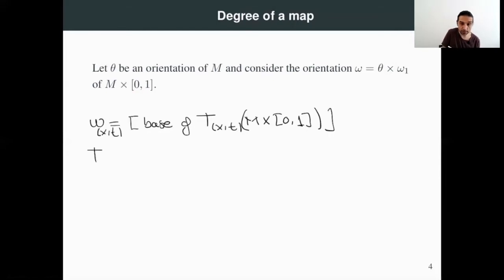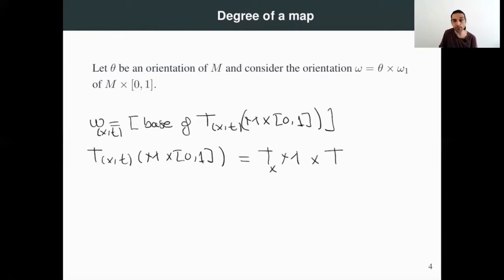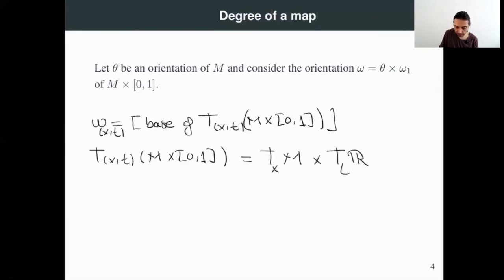Let's recall that the tangent space of this product at the point xt is just the product of the tangent spaces, the tangent space of M at x times the tangent space of the closed interval at t, but that's the same as the tangent space to the line at t.